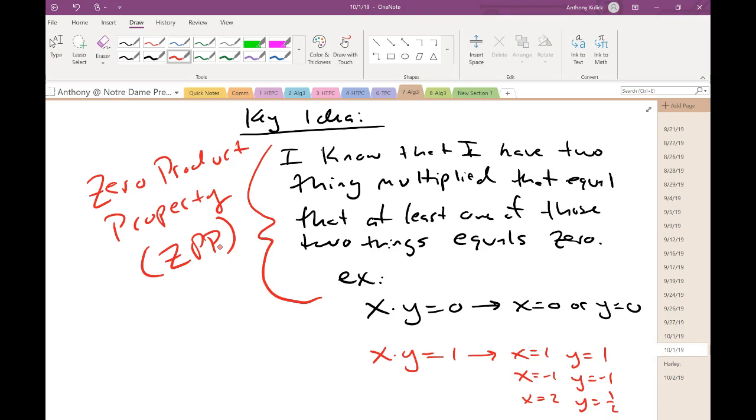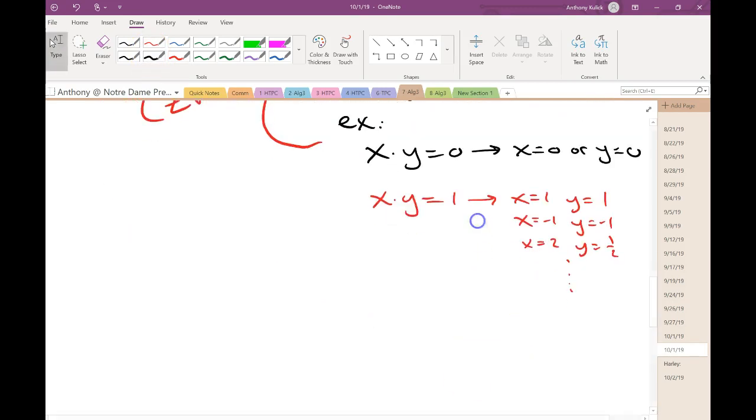What the zero product property says is, if you have two things that are multiplied together and they equal 0, one or both of those two things are equal to 0. So we're going to take advantage of the zero product property and turn solving a quadratic equation problem into solving a linear equation problem.